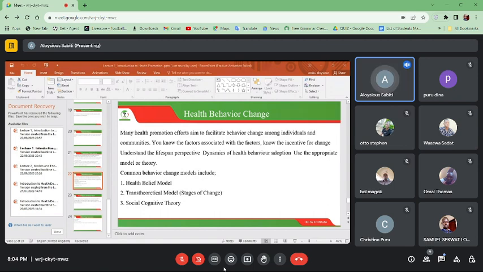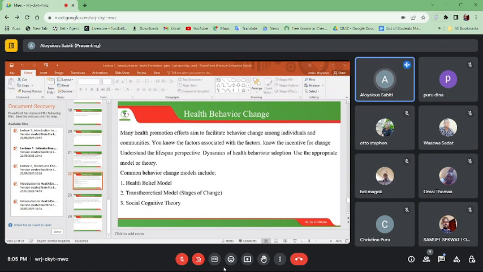So first we want to look at the health belief model. This is a social psychological model that attempts to explain and predict health behavior. It proposes an individual's beliefs about their susceptibility to a particular health problem, the severity of that problem, the benefits of taking preventive action, and barriers to taking preventive measures, or hesitance to make a decision to engage in a health behavior.